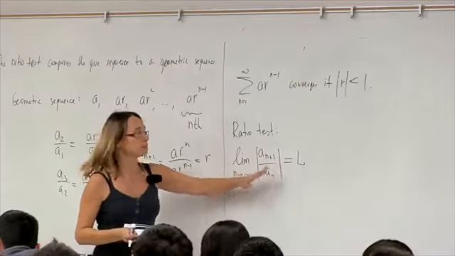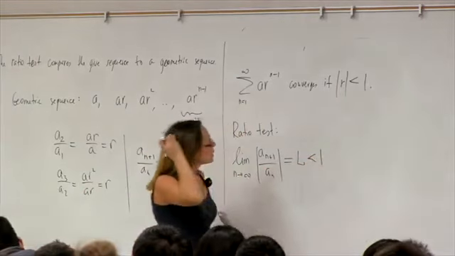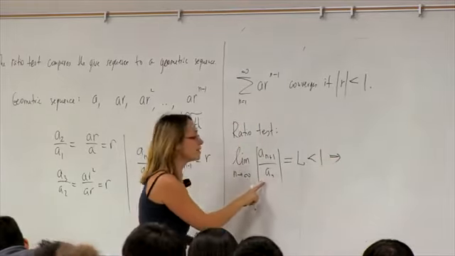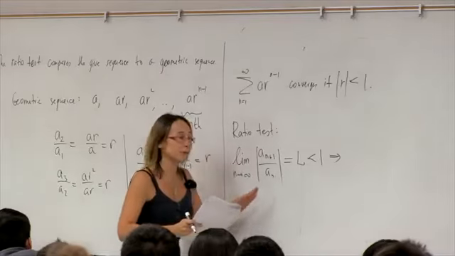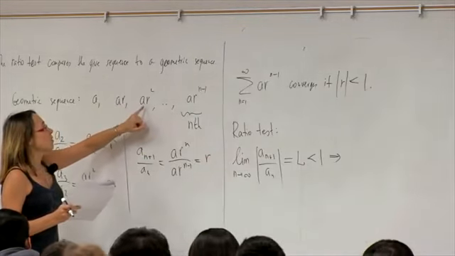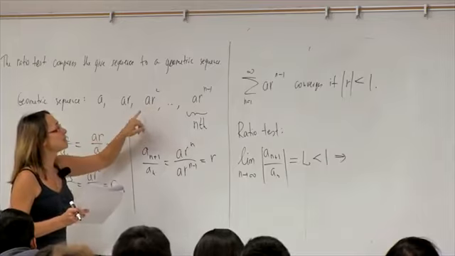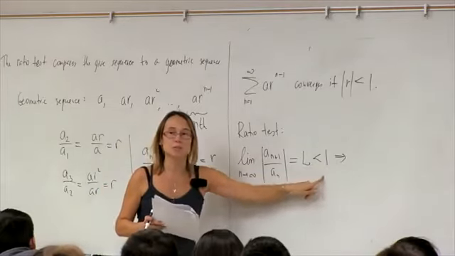It's the limit, but it's going to be very close to it. And now, if L is less than 1, then for very large n, this sequence is going to be similar to a geometric sequence whose ratio between elements is given by L, and this factor is less than 1.